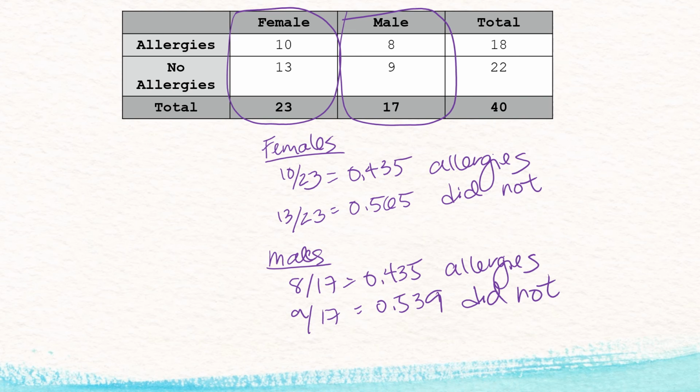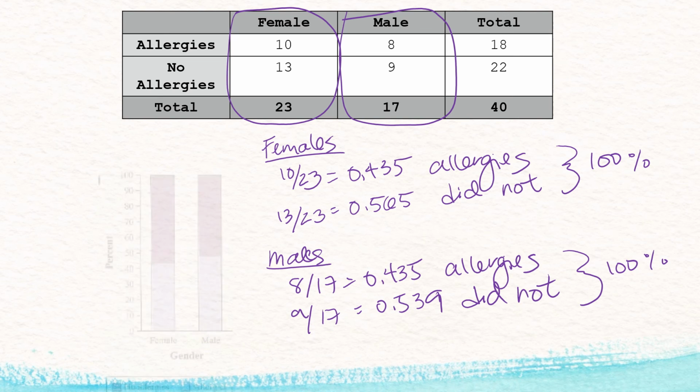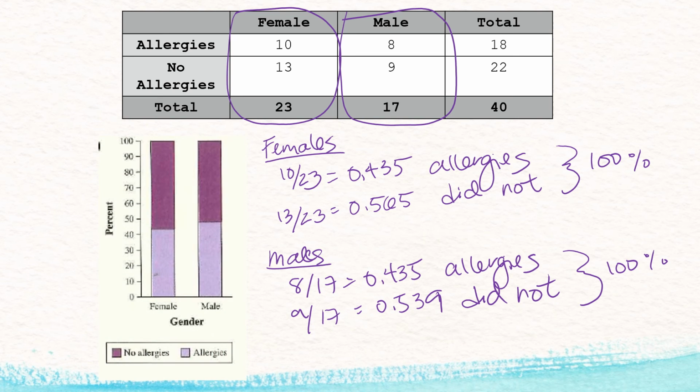Okay, so those are my conditional probabilities there, right? And then I would graph it. Because these total 100%, and so do these, I'm going to do a segmented bar graph to explain this. So that's what I did. I did a segmented bar graph, and I have allergies and no allergies.